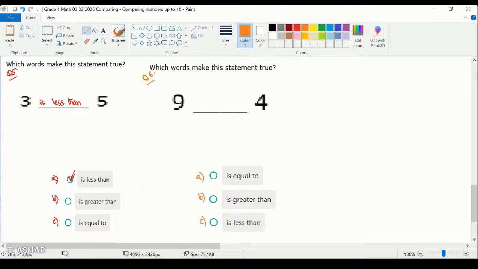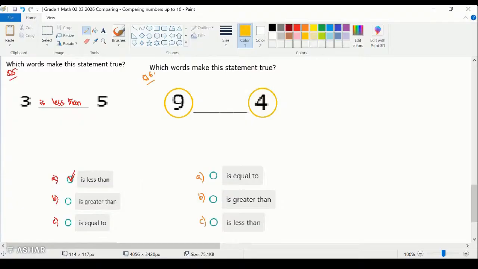Question number 6. We know that 9 is more than 4, right? Yes, it should be C.